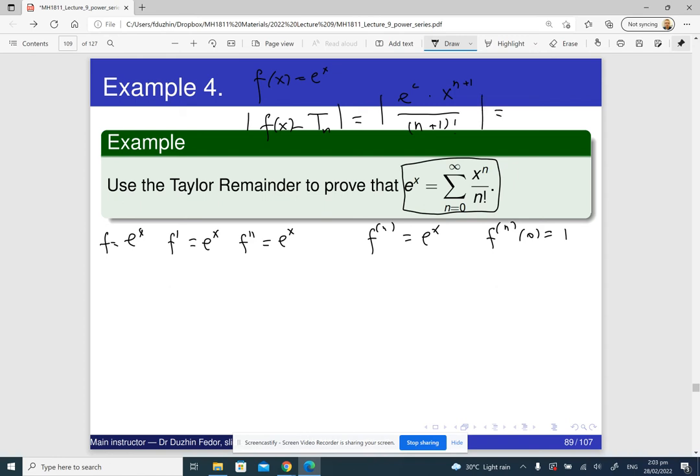Well, we can take out e to the c, n plus 1 factorial times absolute value of x raised to the n plus 1. Now, c here actually depends on x, right? So c is not really a constant.